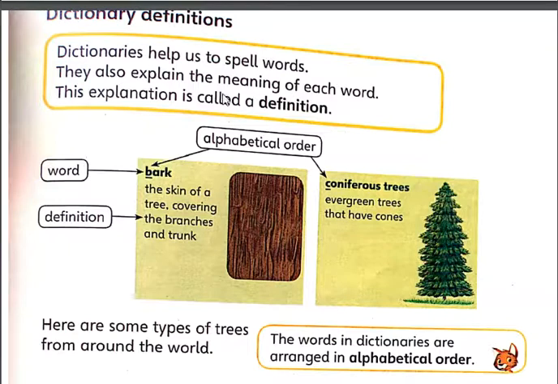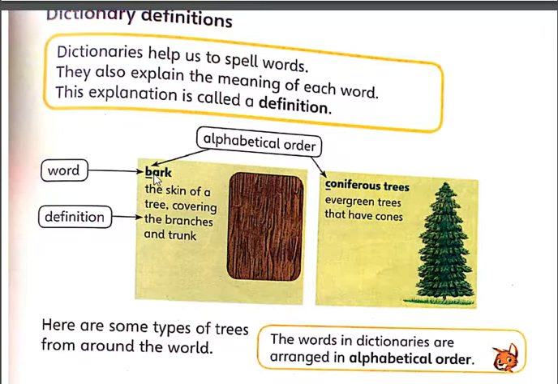So let me have a look at letter B. For example, here we have the word bark. If I try to look it up in my dictionary under letter B, I have to look up the word bark. I don't know the meaning of the word bark. Okay, so the word is bark, and here it shows you the alphabetical order.